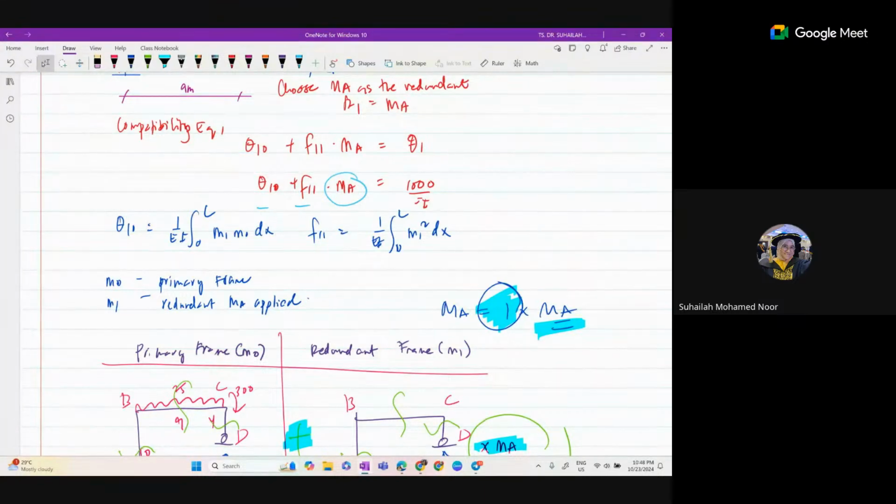Normally, after choosing the redundant, we can write the compatibility equation, all in symbols first. But be careful: when moment is the redundant, displacement refers to rotation.